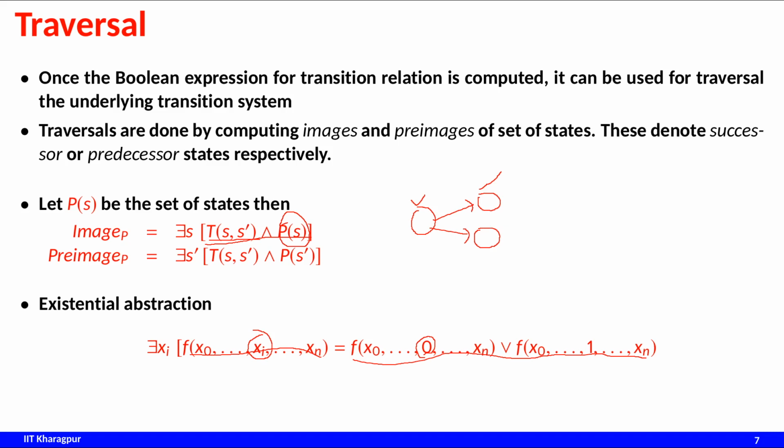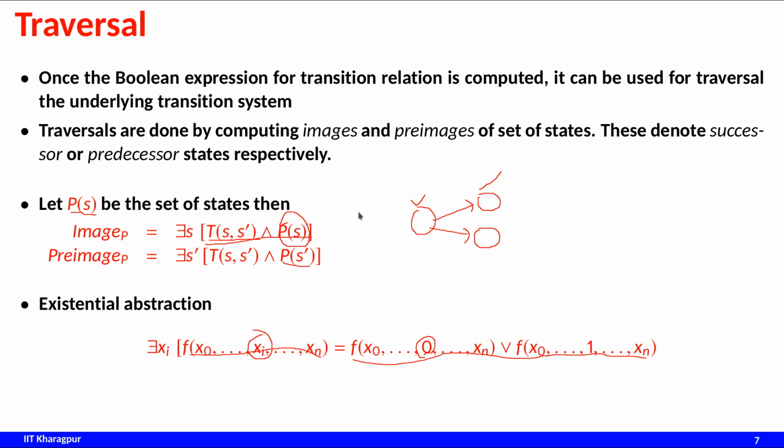Similarly, when we want to compute the pre-image, we can apply the same strategy, only the set of states that we are talking about has to be treated as the next state.